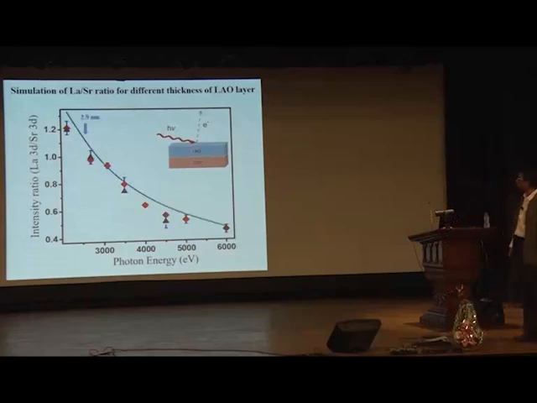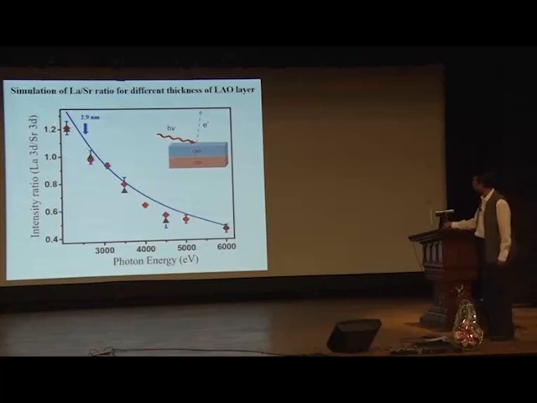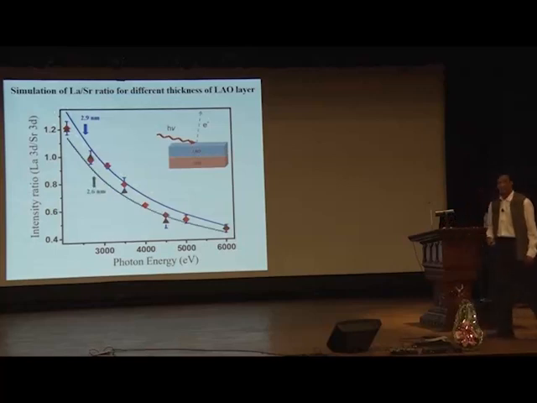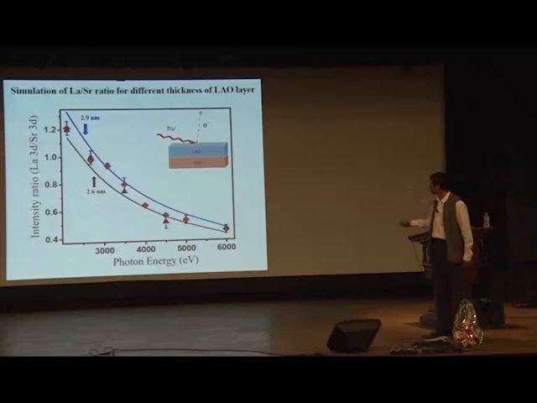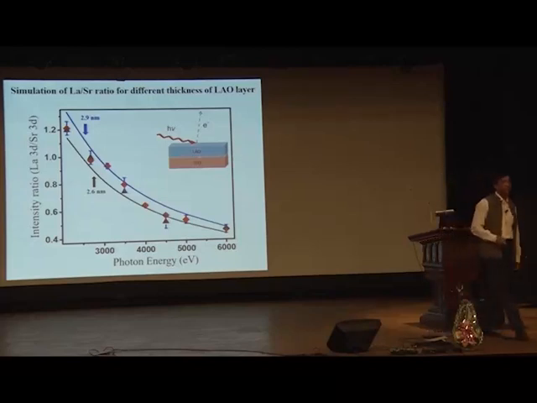So I first assume the thickness to be 2.9 nanometer, and the theoretical curve goes above my experimental data points. Then I say, okay, that means I'm overestimating. Let me assume it to be 2.6 nanometer, and then I find that it goes below the experimental data points. That means that I have an accuracy of determining the thickness, and where the interface is with respect to the top surface, of better than plus or minus 0.15 nanometer.